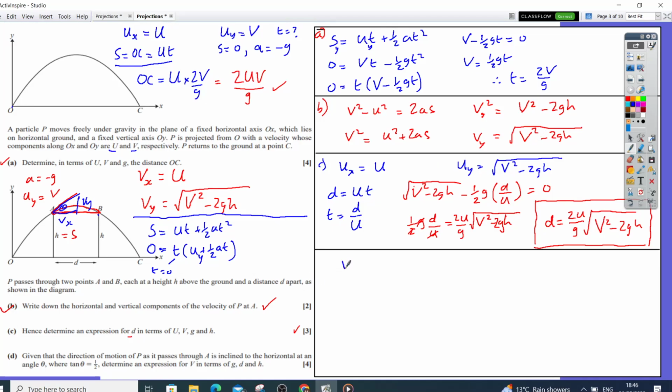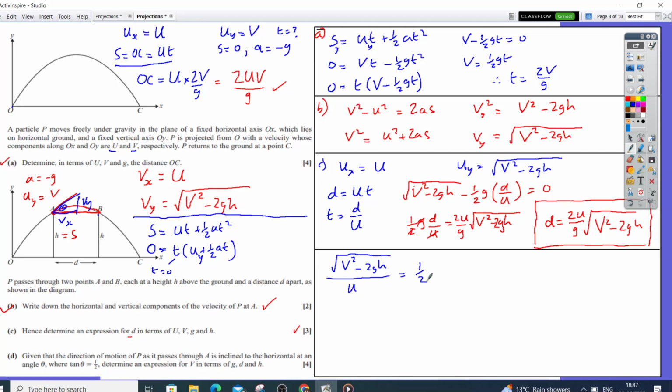So we've got the square root of v squared minus 2gh, over the velocity of the x component, which is u, and that is going to equal a half.